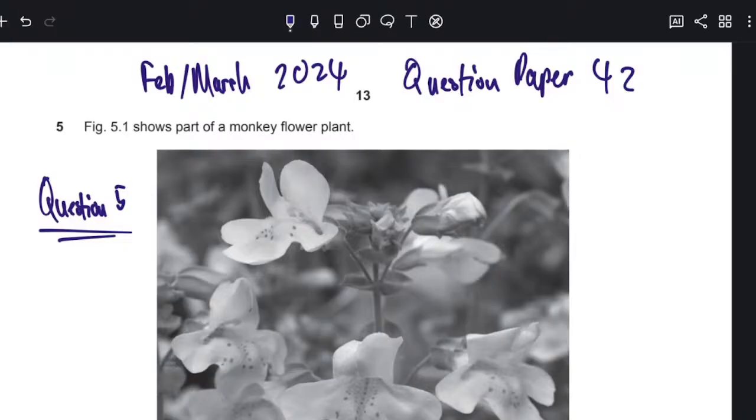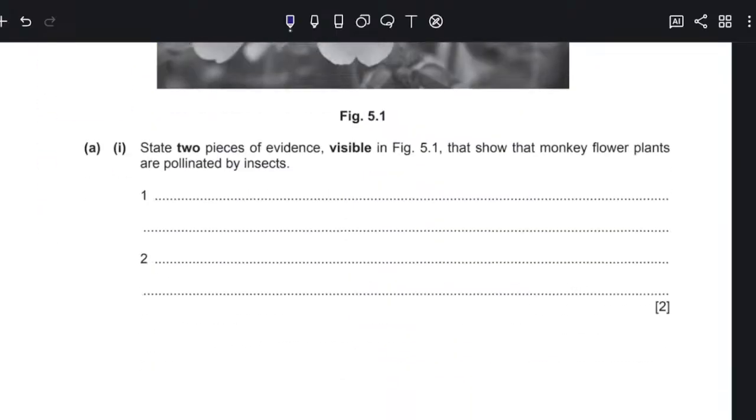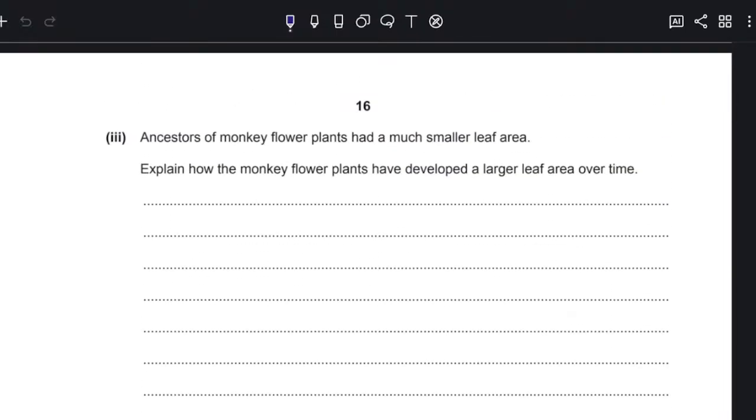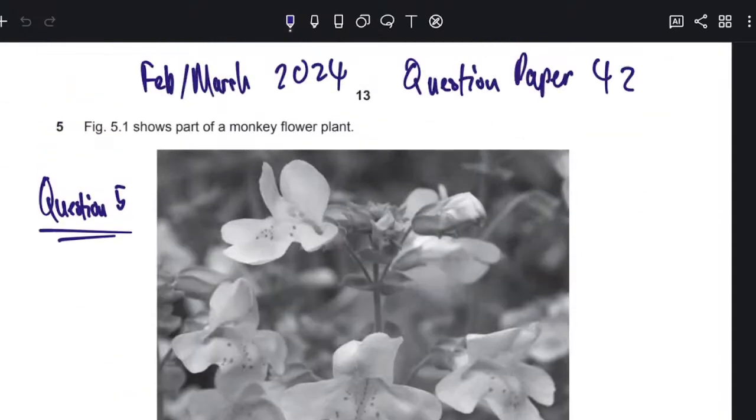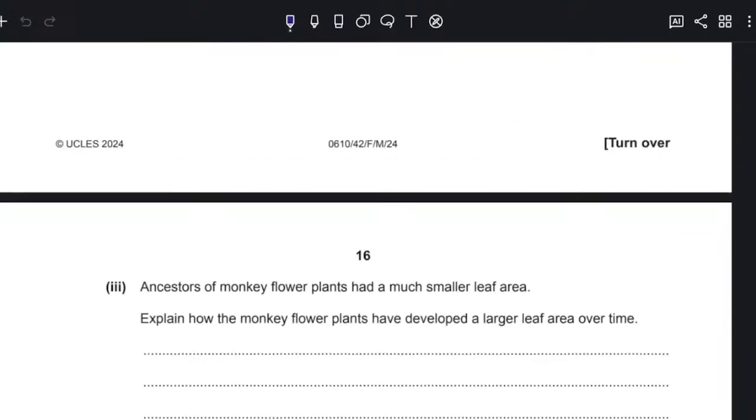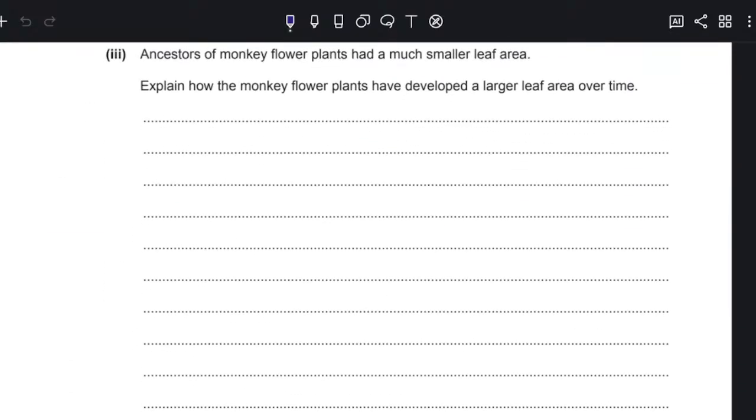Write this February, March 2024, and write marking my question paper 42. February, March, not May, 2024. Which page is this? Page 13 and page 16. Clearly these are two different questions, so I picked two different questions.